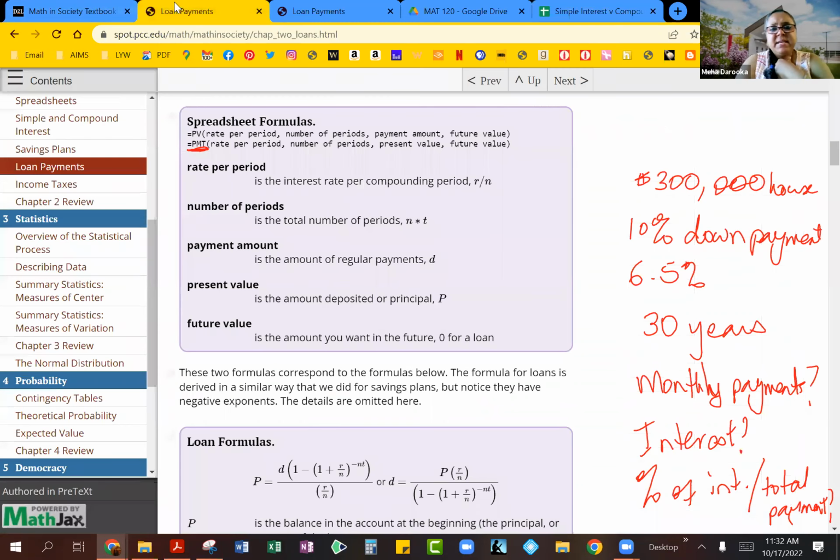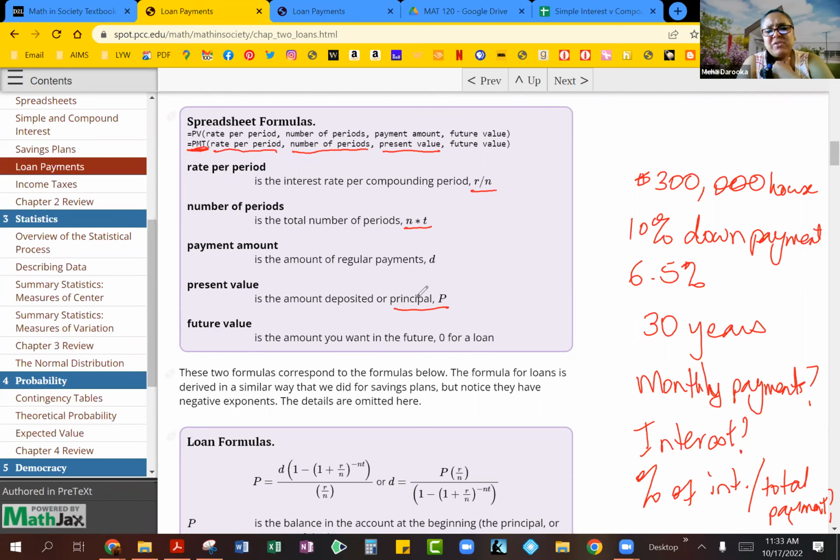So for the PMT, all of these formulas are set up very similarly. You start with your rate per period, which is of course going to be R divided by N. For the second argument, we do the number of periods, which will be your N times T. Then your present value, which comes out to be the amount of loan you are taking, or your principal.